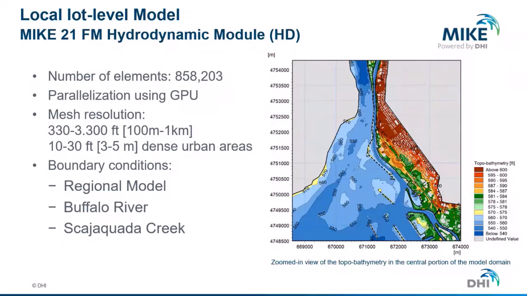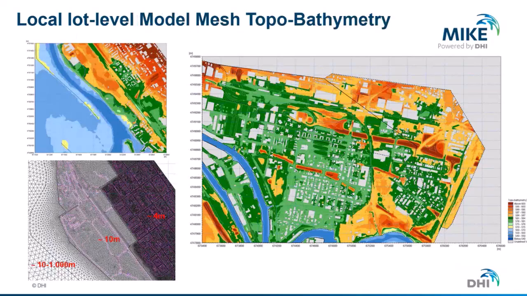Another nice feature that we have in MIKE is the possibility to parallelize the simulation, not only using the CPU cores, since today we have a lot of cores in computers, but we can also parallelize the model using the GPU. So for this model, for example, we use the MIKE 21 model parallelized on GPU.